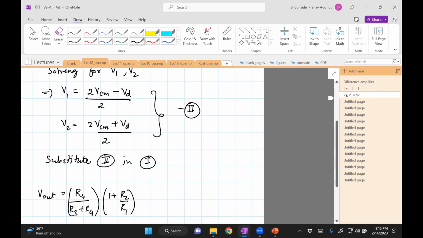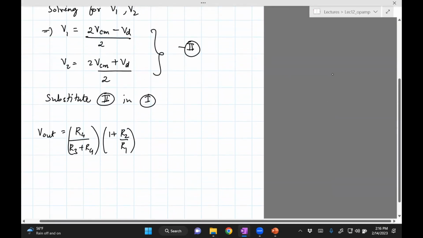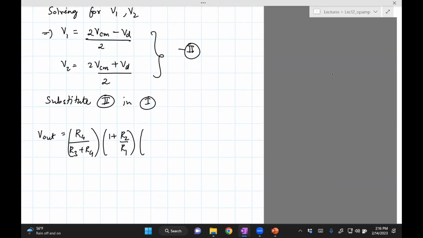It was V2. So V2 is 2 VCM plus VD divided by 2. And then we had minus R2 divided by R1 times V1, but V1 is what I had over there, 2 VCM minus VD divided by 2.